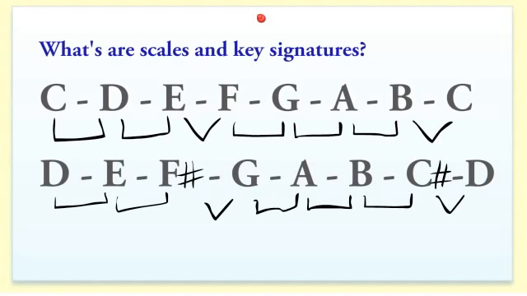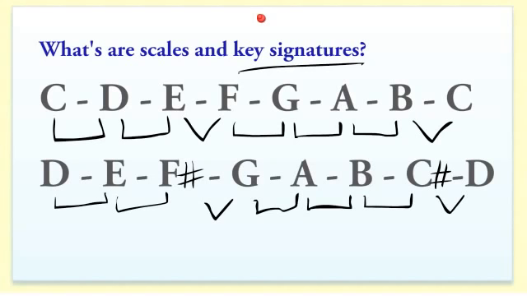But there's some accidentals. There's some sharps, and some keys have sharps and some keys have flats. Now, what is often done is we use key signatures. What's a key signature? Well, this is an abbreviated way of describing this scale.